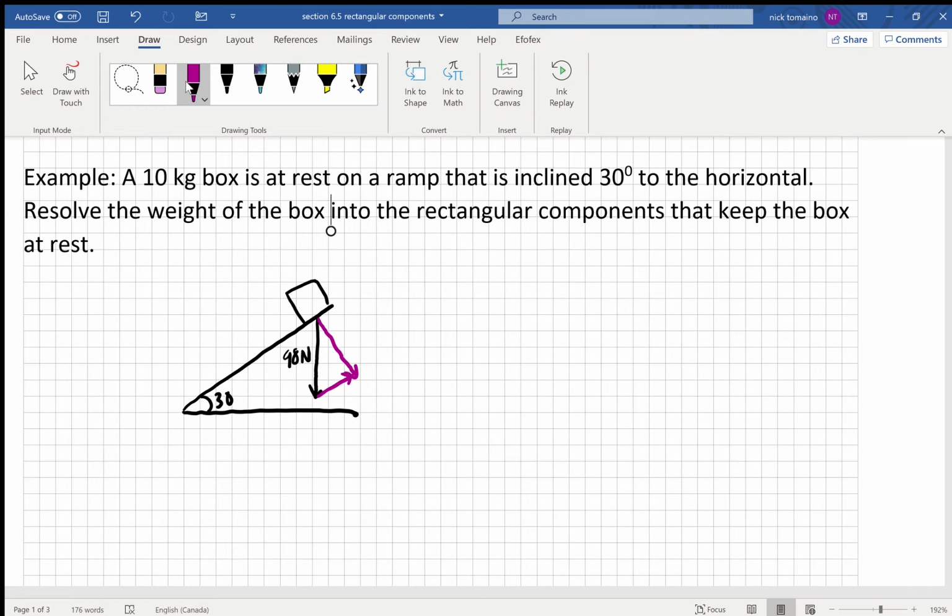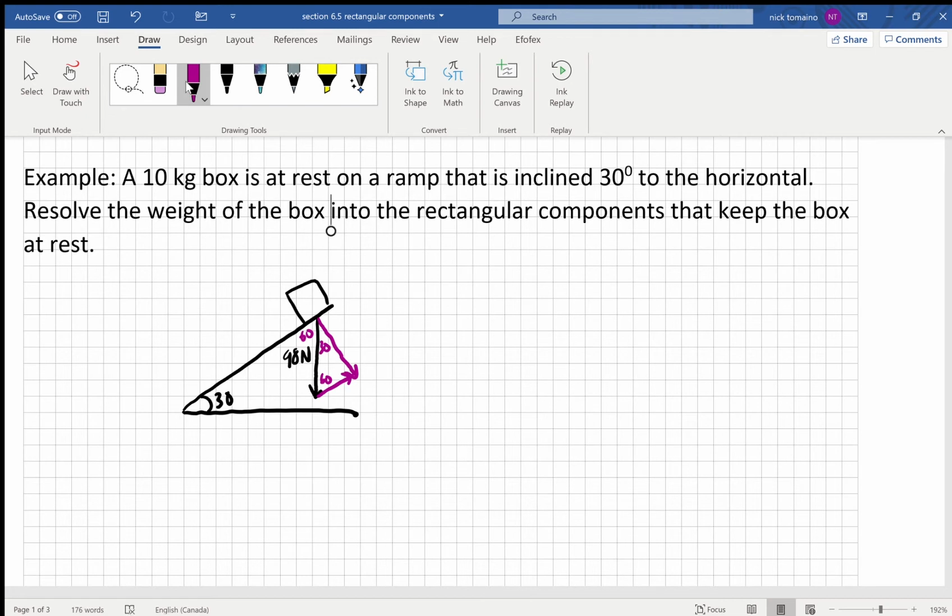Now we're just going to use some basic trigonometry skills here. So if this is 30, that means that this is 60 here. Now if this is 60 here, we have our Z pattern, so that means that this is 60 here, and this one right here is 30.